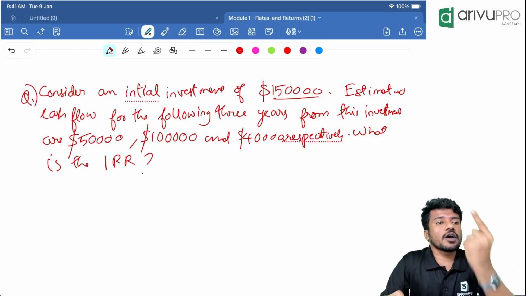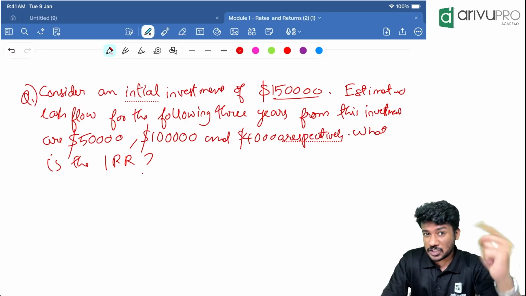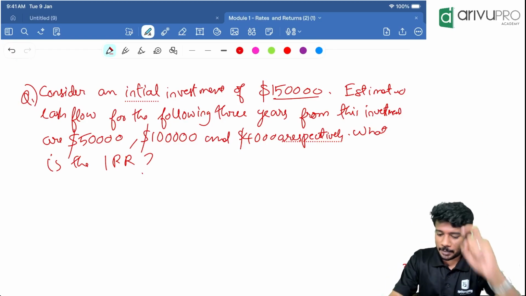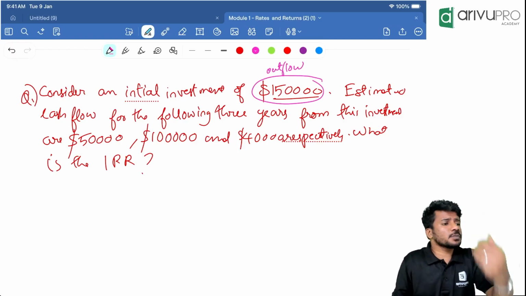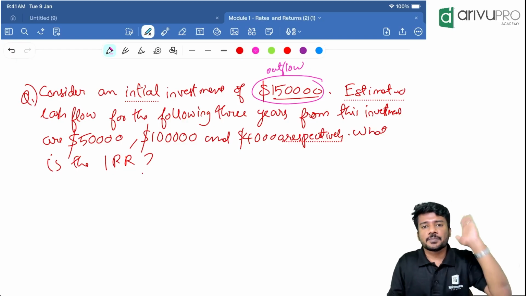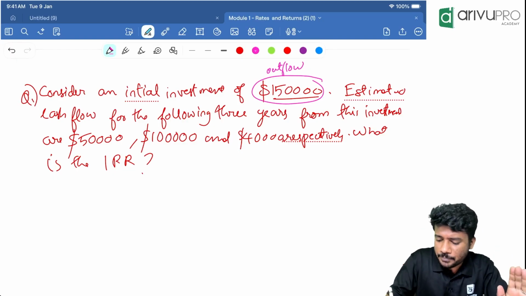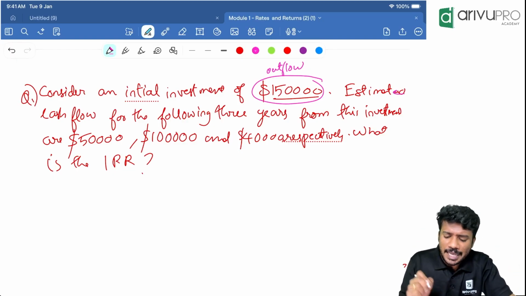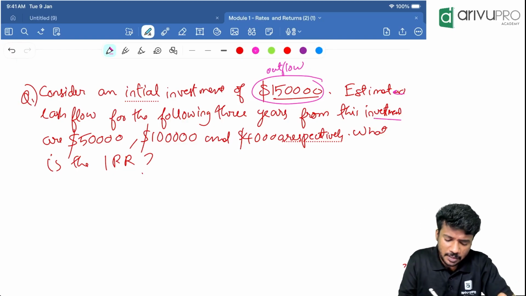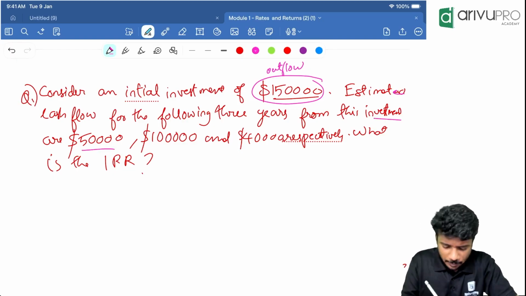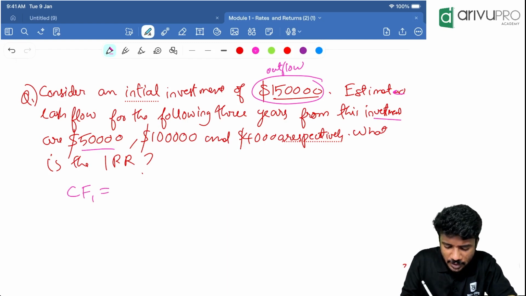Is it inflow or outflow? We are investing, so it is an outflow, correct? This one is an outflow because it is the investment we are making. Then the estimated cash flows for the following 3 years from the investment are $50,000. That means the cash flow for the first year is how much?